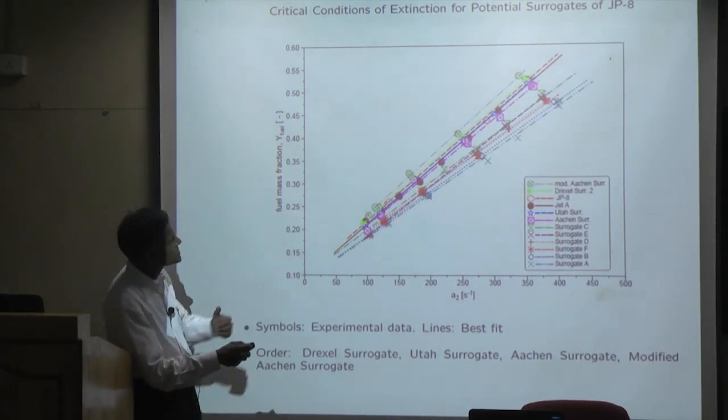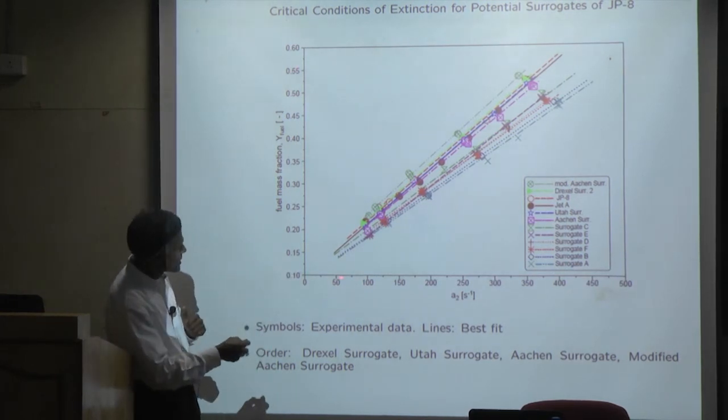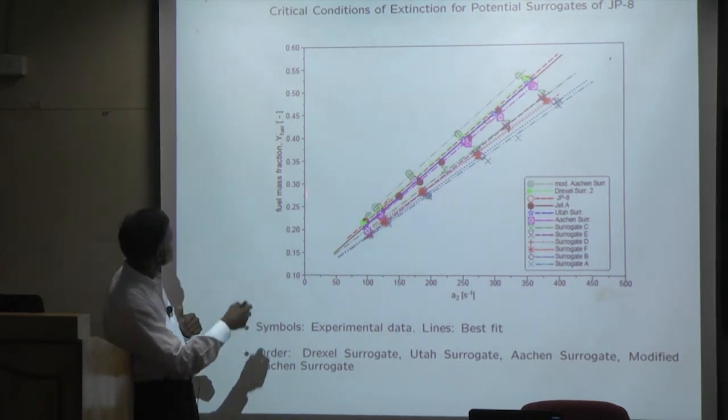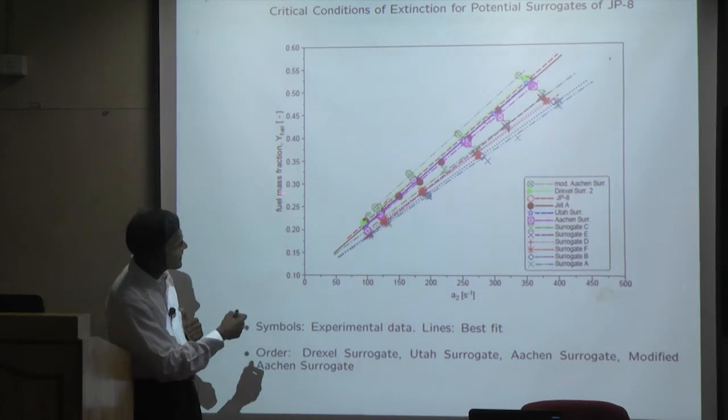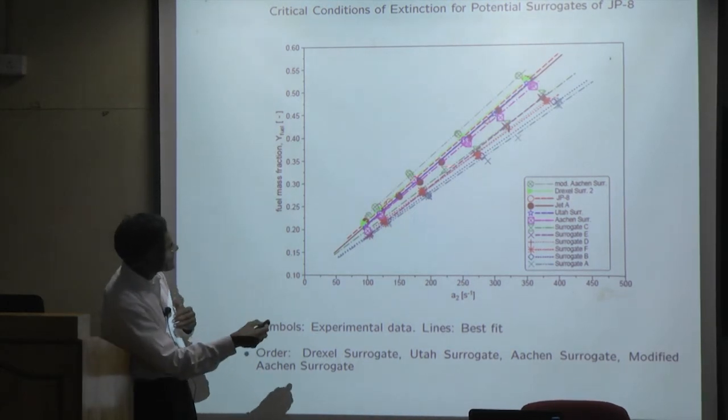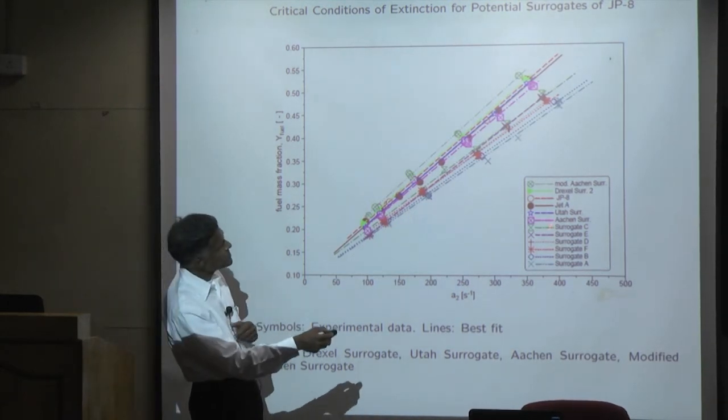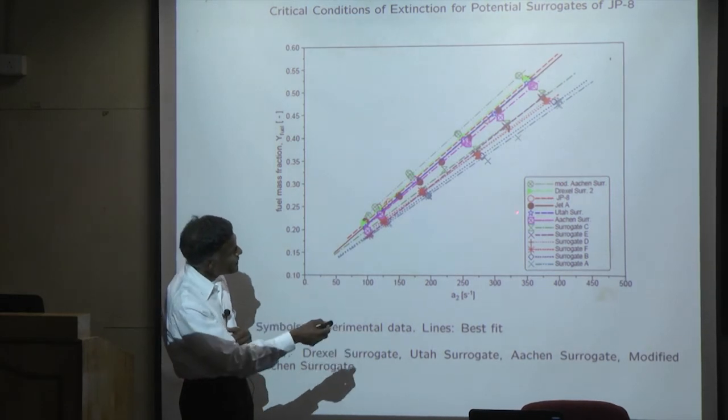I ordered them such that there's a lot of depth. This is the strain rate at extinction as a function of the mass fraction of fuel. There are many lines here, and I've ordered them so that if you put a line over here, that's the order.